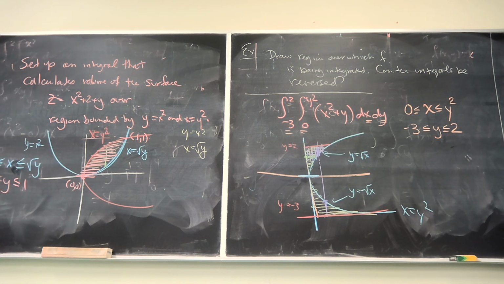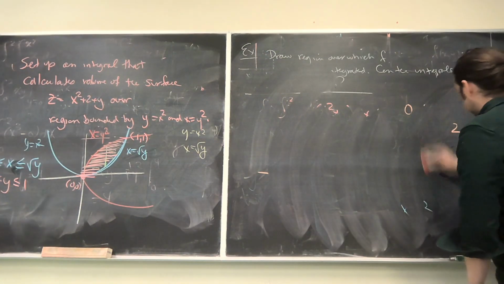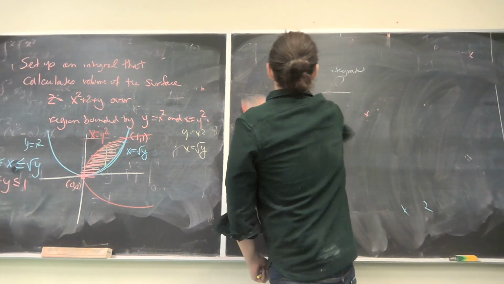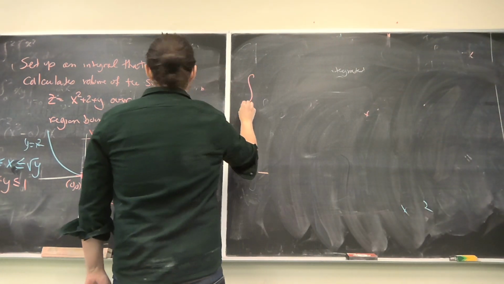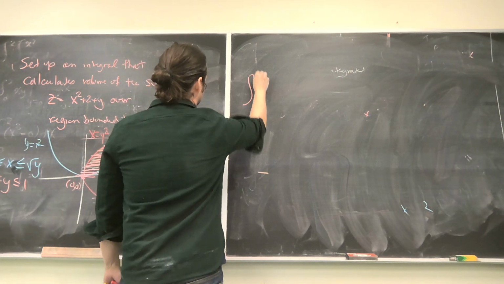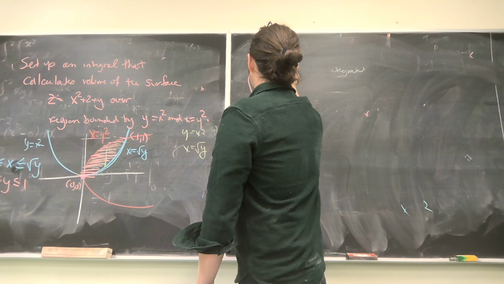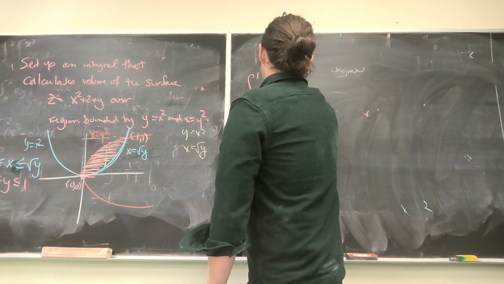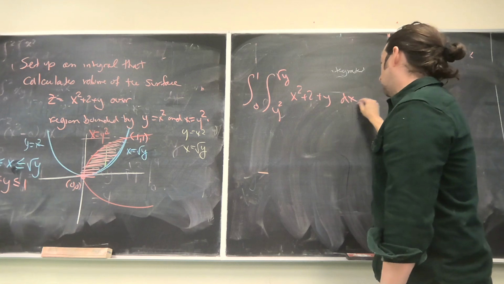So if I asked you to set up this integral and not solve it, then the answer would be the integral from 0 to 1 of the integral from y squared to the square root of y of the function x squared plus 2 plus y dx dy.